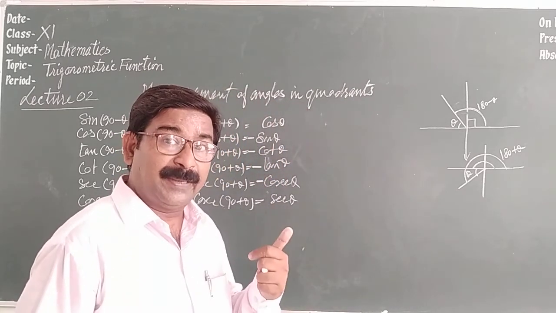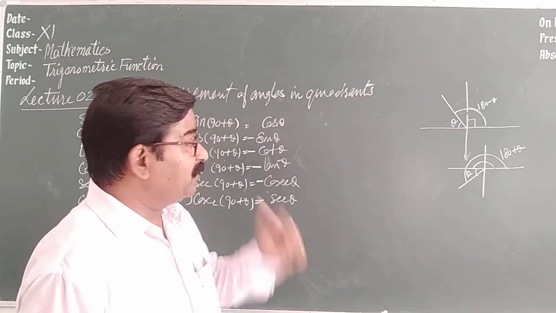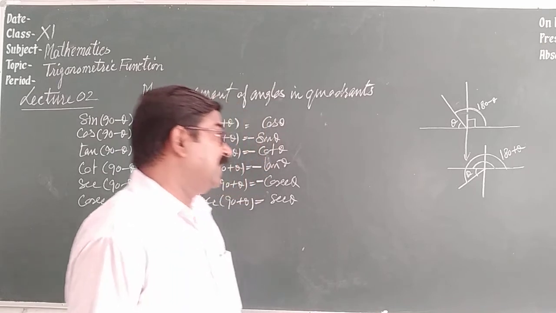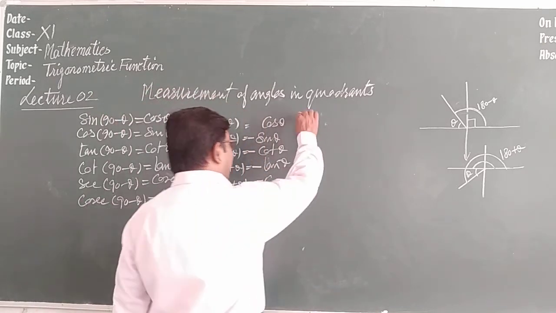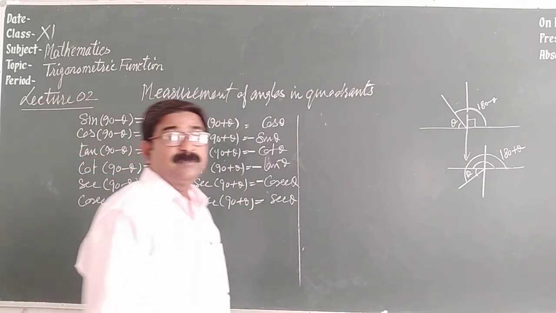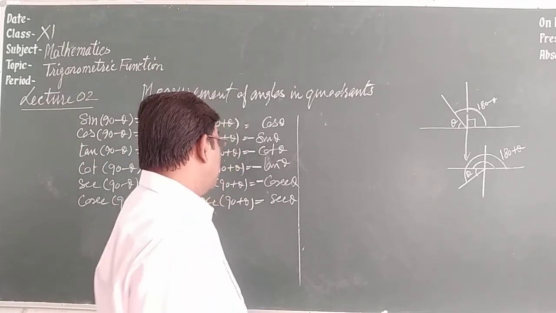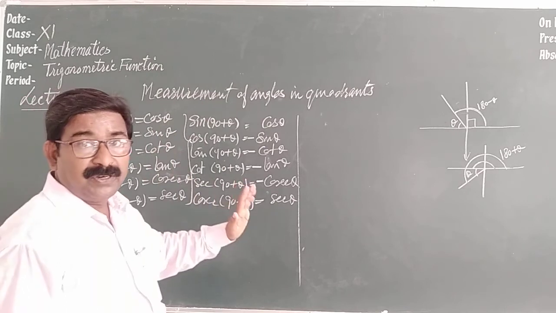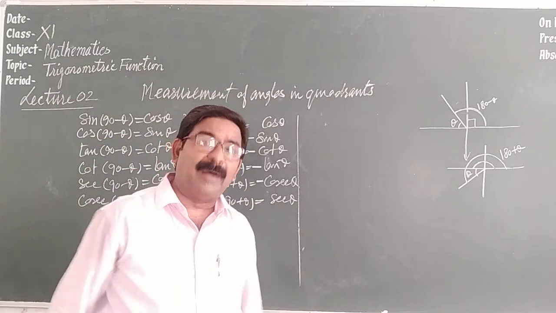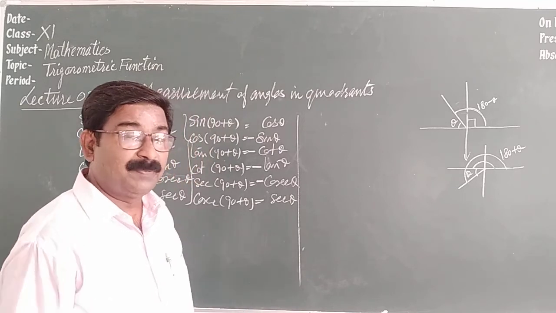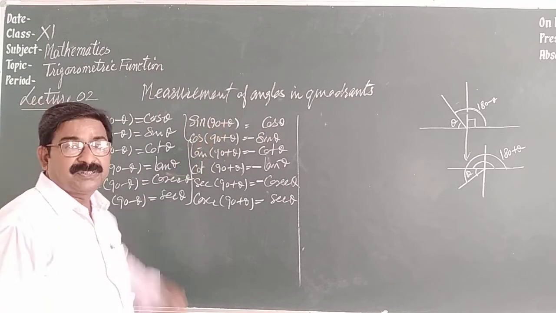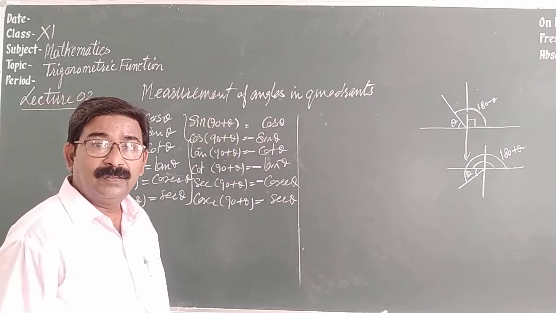So the idea is the same. In which quadrant, which ratio is positive, which ratio is negative, you should learn it. And after that, one thing I would like to add here, when angle is measured, try to understand. When angle is measured through 90 degree plus theta or 90 degree minus theta, or 270 plus theta, got it?